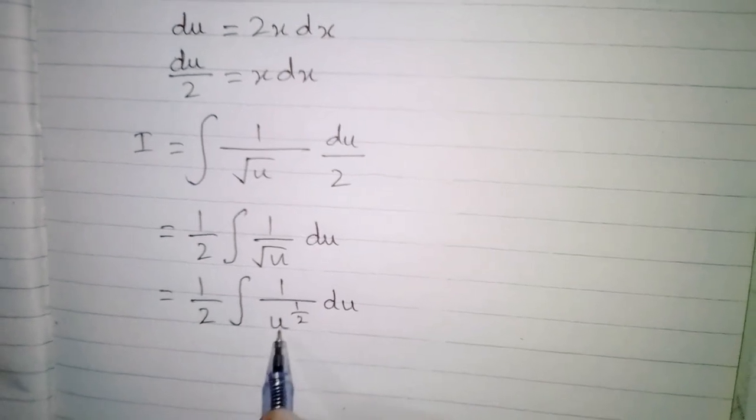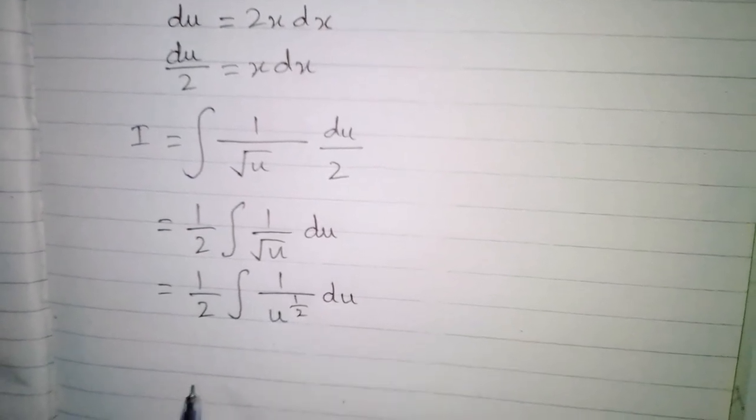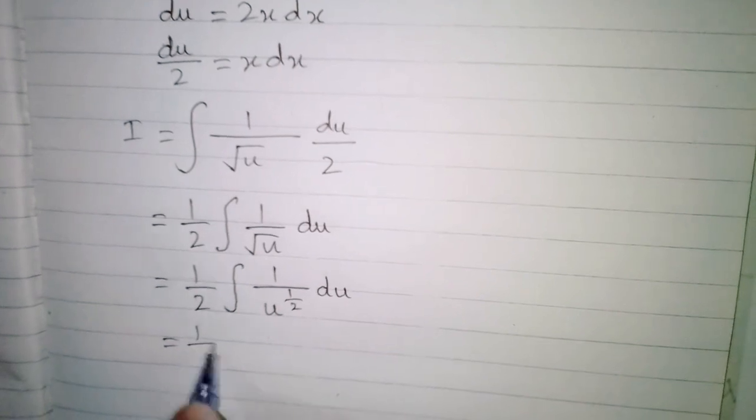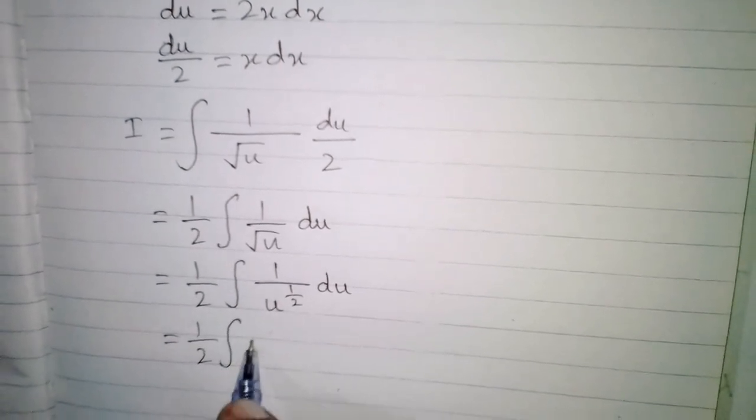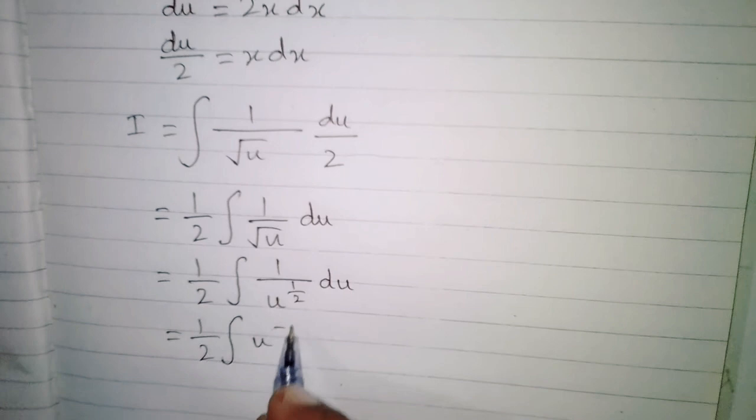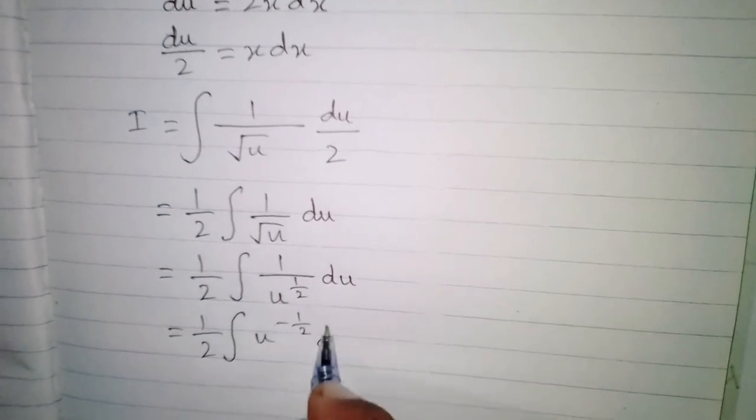And now we will take this u to the power half to the top, so we have half integral of u to the power minus half du.